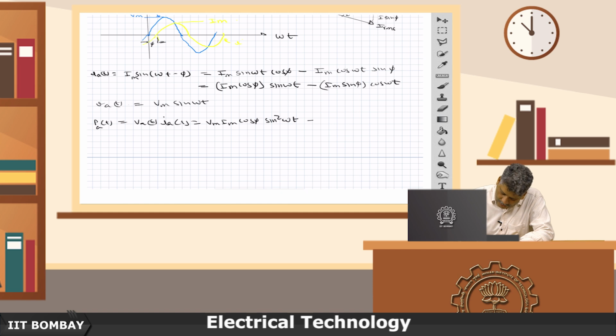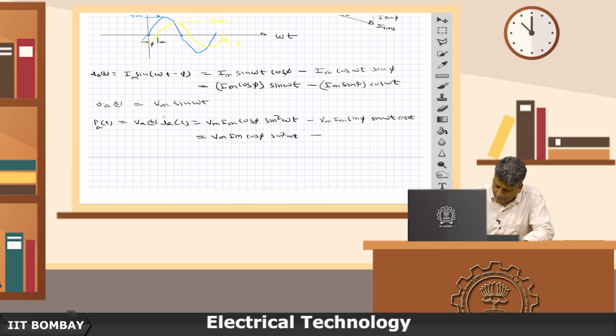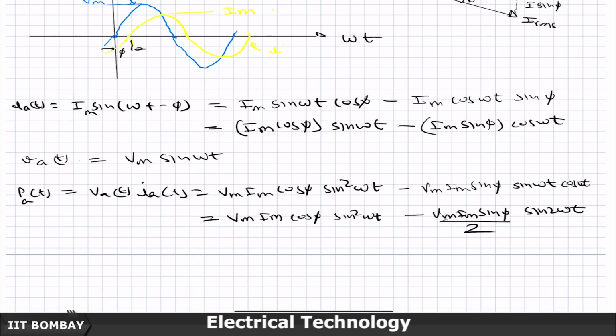So, you are going to get minus of V m I m sin of phi into sin of omega t cos of omega t, which I will further write as V m I m by 2, okay, first term let me just keep it as it is for the time being, V m I m cos of phi sin square of omega t, minus V m I m by 2 sin phi into sin of 2 times omega t.